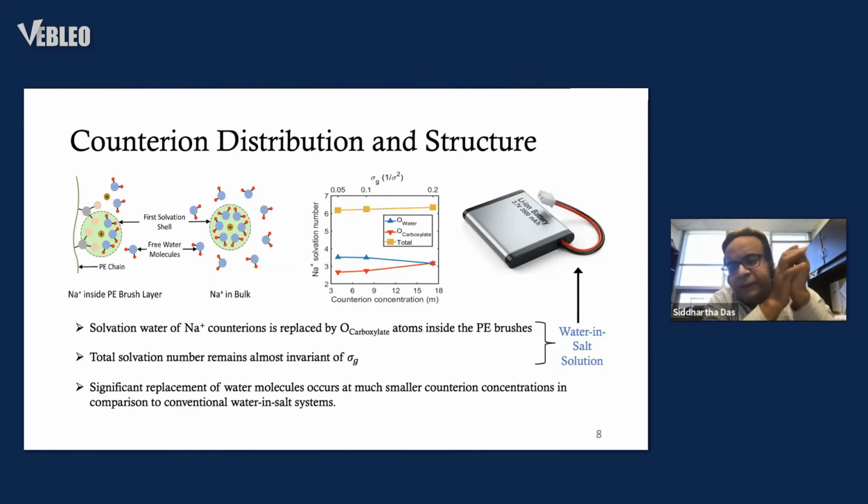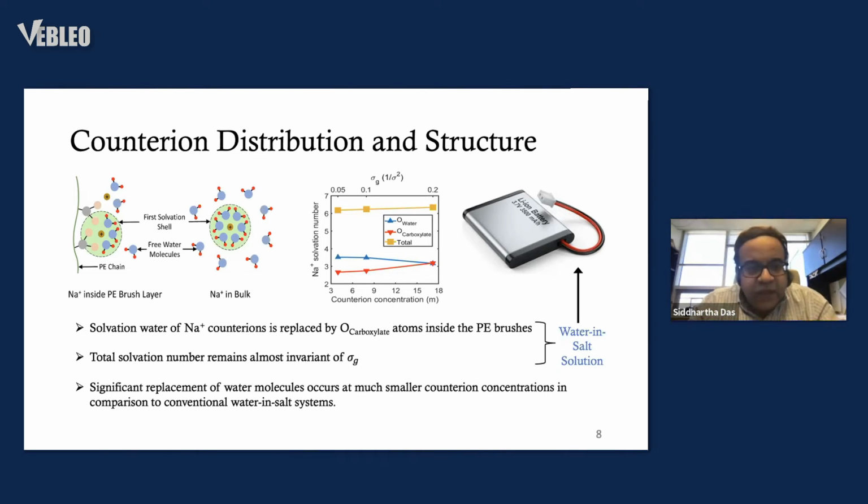Now, these polyelectrolyte brush molecules are so densely grafted that when you have so many COO minus groups, you can have a coordination between COO minus and Na plus. In other words, some of the solvation molecules of the sodium ion get replaced by those COO minus functional groups coming out from the polyelectrolyte brush backbone.